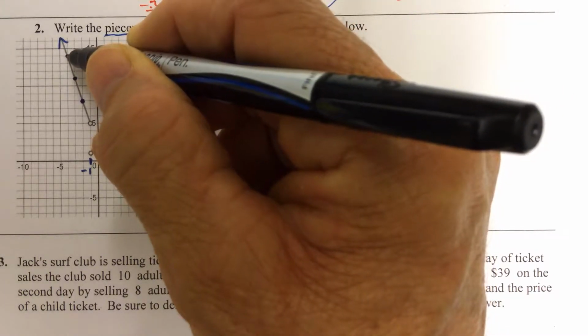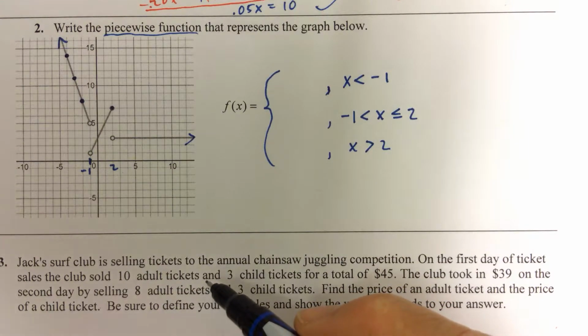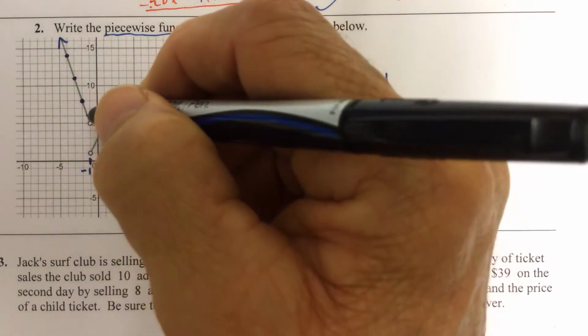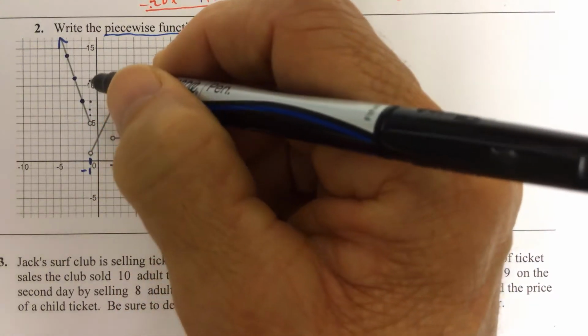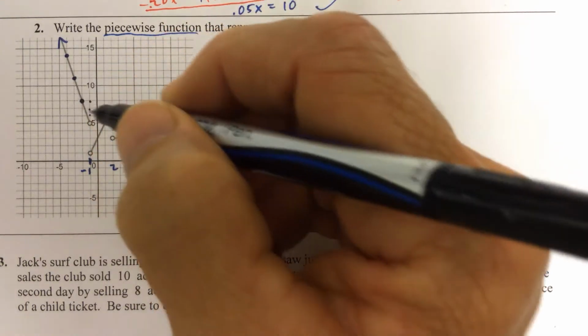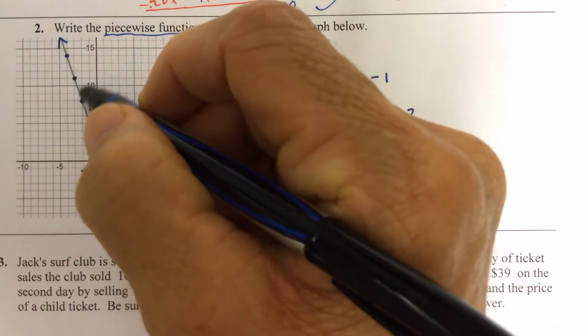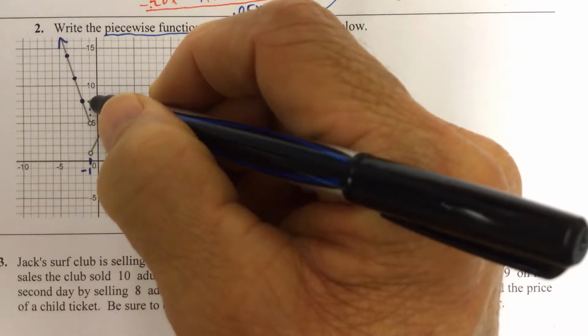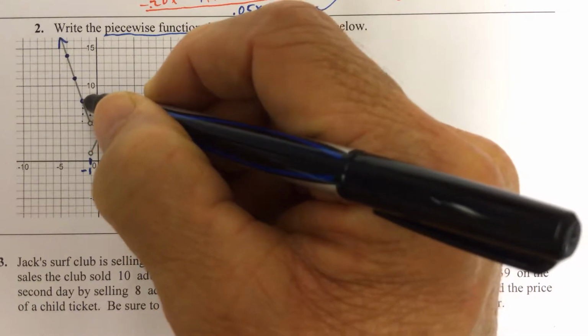It's not a perfect science, but it's looking pretty convincing that the slope of this line is up 3 and over 1, so -3. If we plot 2 points and label them both, then we can do it that way, but we can also just count. So I'm seeing a slope of -3, down 3 and over 1, or up 3 and to the left 1.